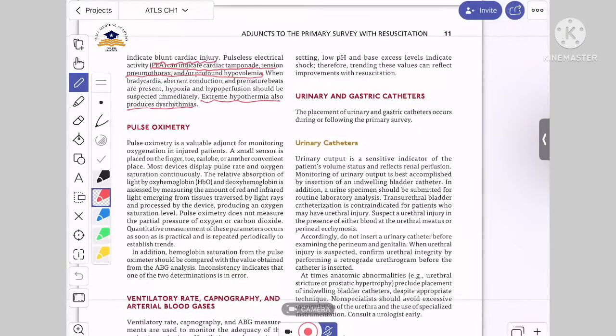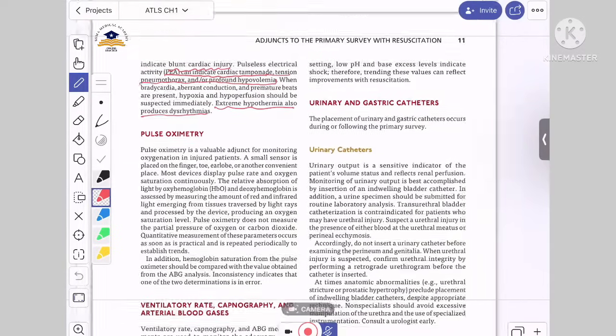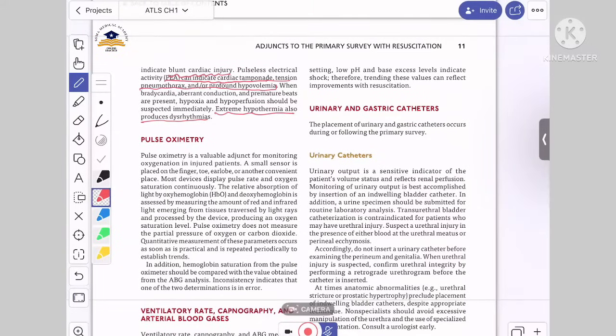And again, I will repeat it many times: hypothermia may produce arrhythmia. So please control hypothermia in your trauma patient. This is very dangerous and it may lead to many complications.